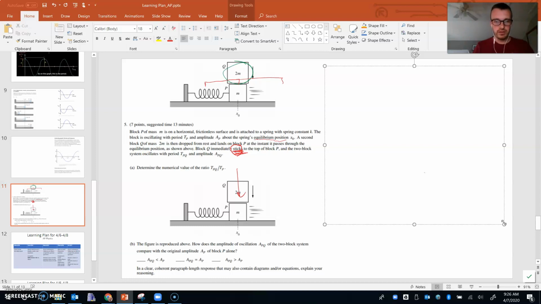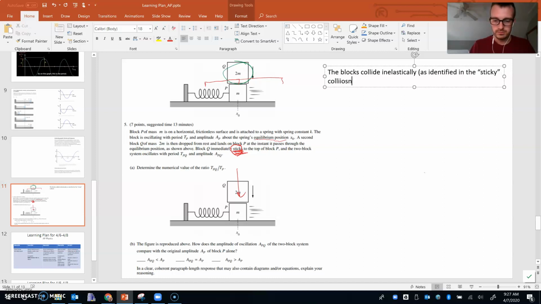All right, so the first thing we want to note is that the blocks collide inelastically, as identified in the sticky collision.